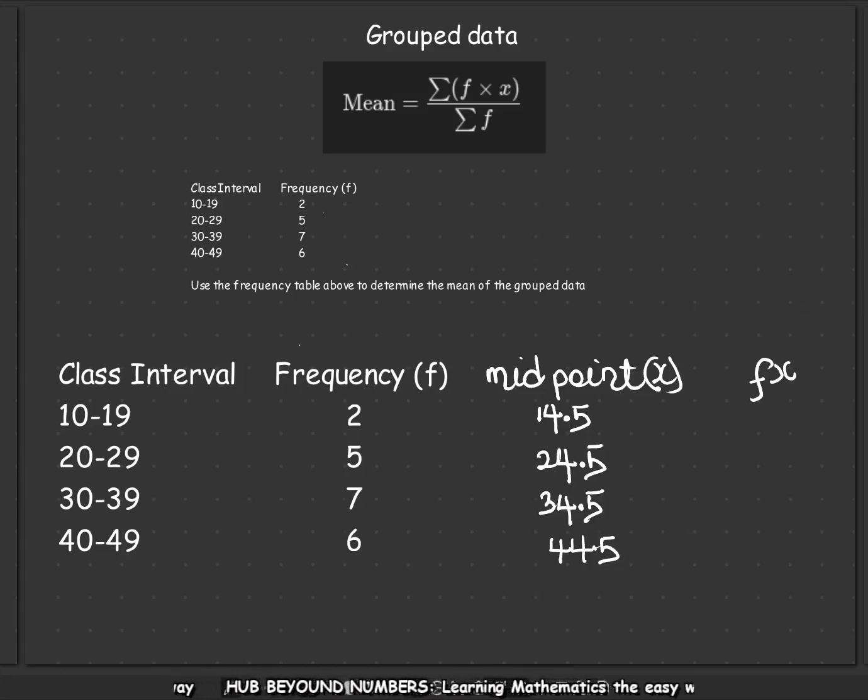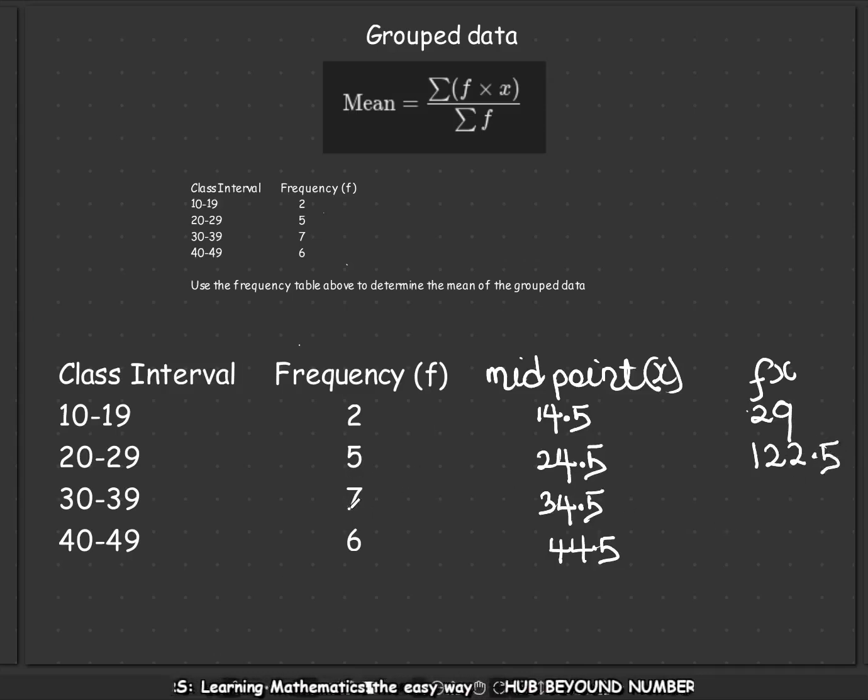For the first one, we have 14.5. We are multiplying it by 2. Right? That gives us a 29. So we write our 29 here. Then the next one also, we have 24.5 times 5. That also gives us 122.5.